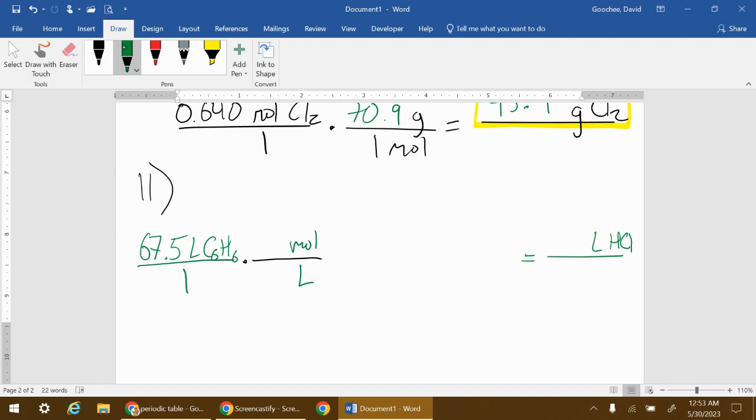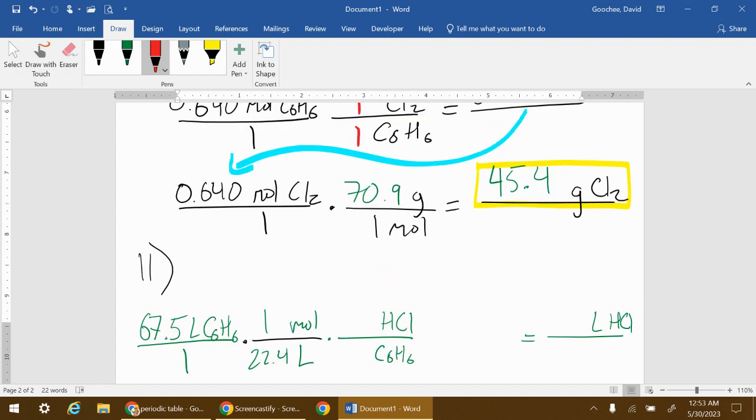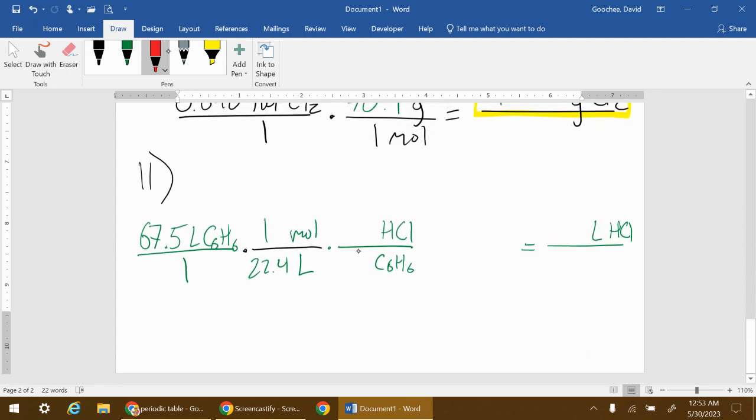So that is 22.4 liters is 1 mole. Now we have to get out of benzene and into hydrochloric acid. Again, this is easy. 1 to 1.